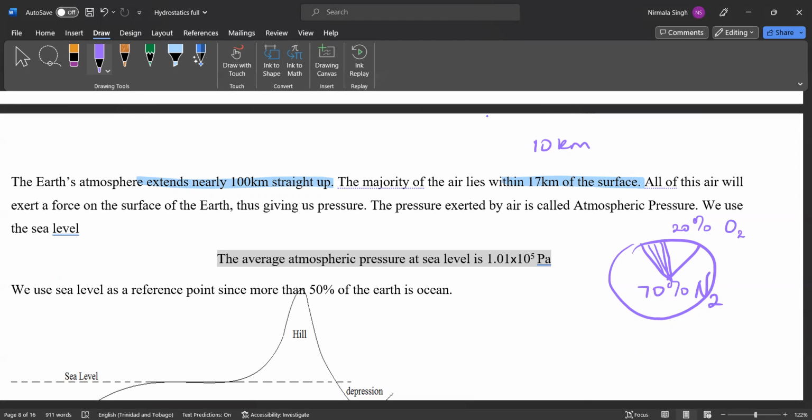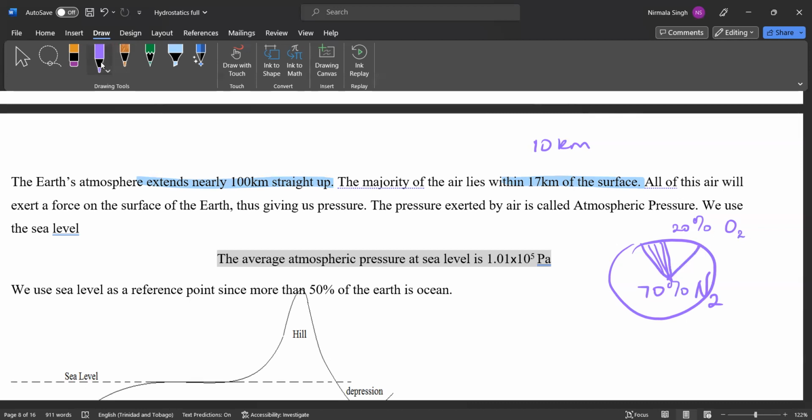Our body is built to handle that amount of nitrogen. Nitrogen doesn't really do much for us, because our bodies are built to take in oxygen and harness it for respiration.